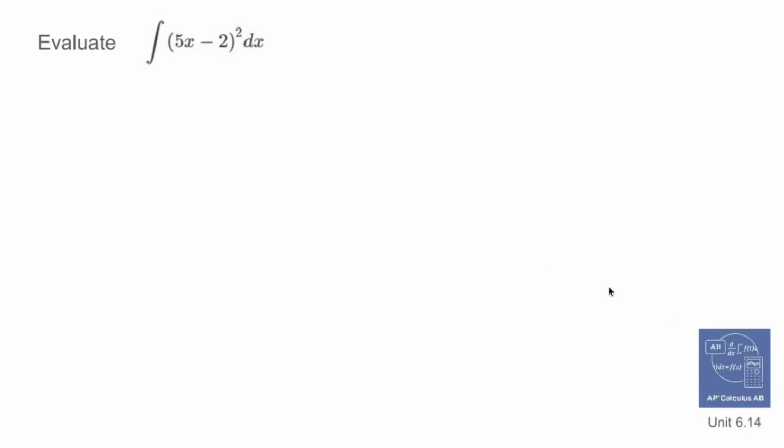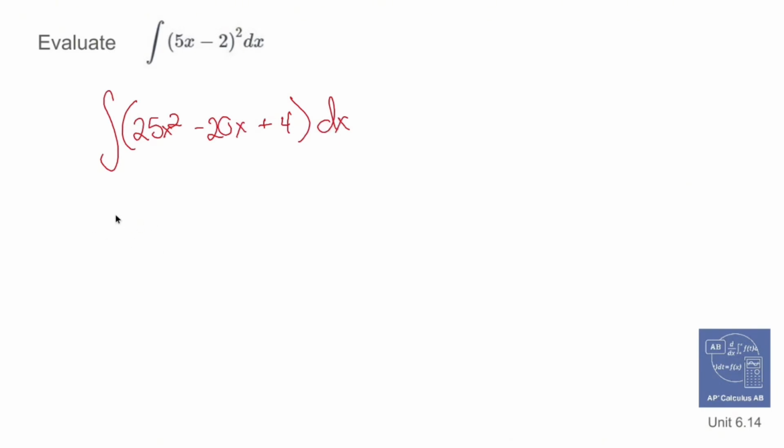This is section 14 of chapter 6, which allows us to think outside the box a little bit. Now, it wouldn't be the end of the world to do u substitution, but we've done so many u substitutions that I'm going to approach this differently. I'm actually going to FOIL this guy out. Okay, this is a perfect square trinomial. So you become 25x squared minus 10x is minus 20x, and then plus 4 dx, and then I'm just going to integrate this the old-fashioned way.